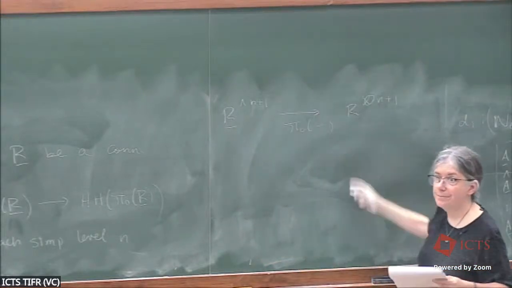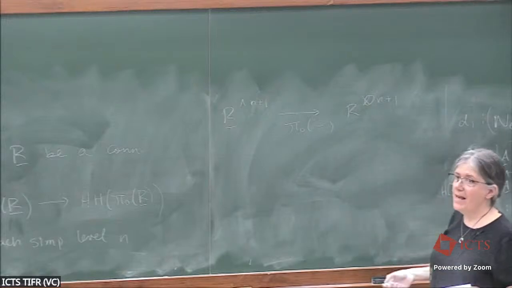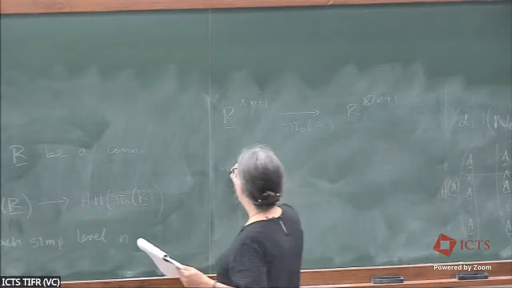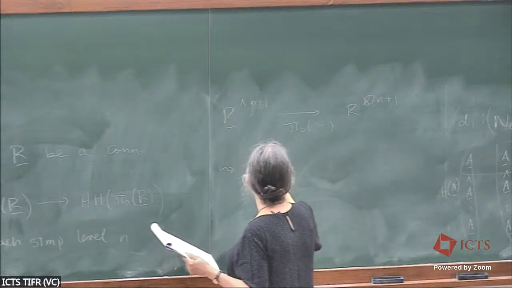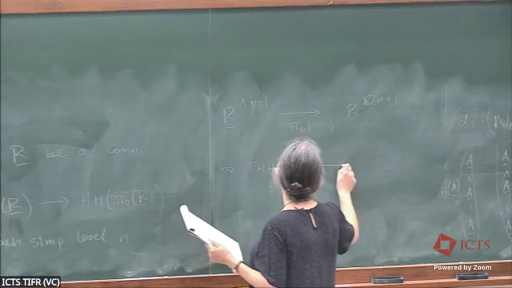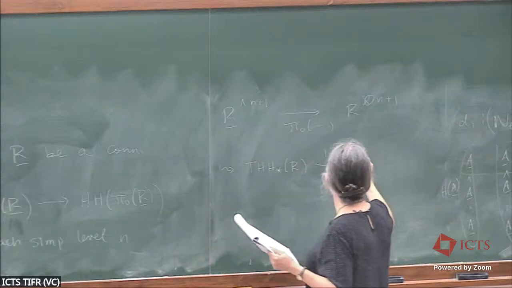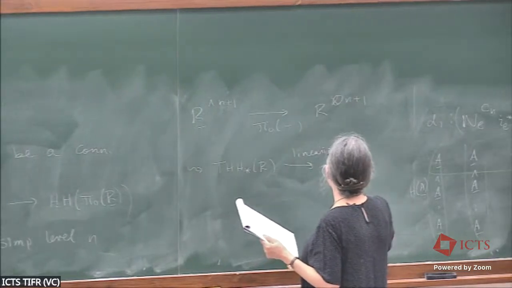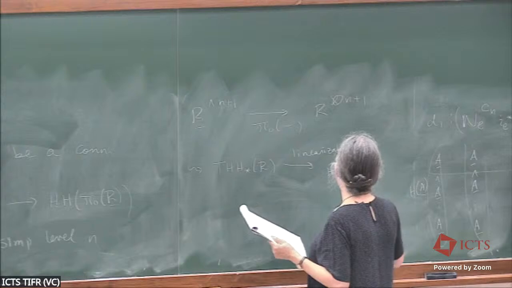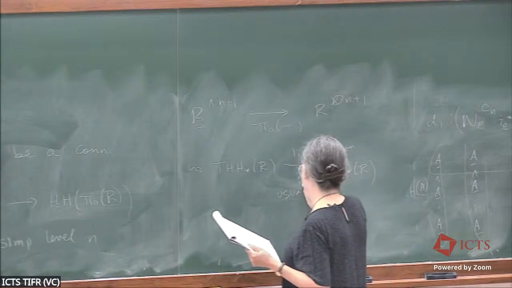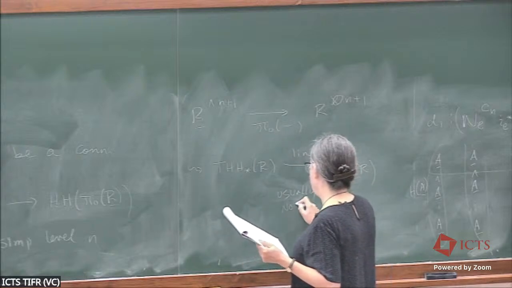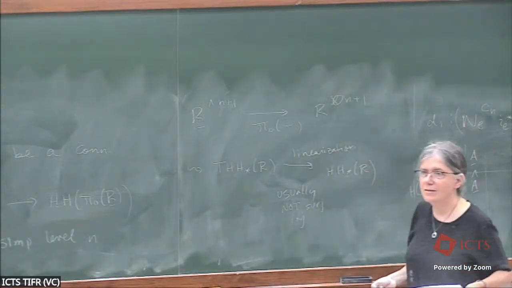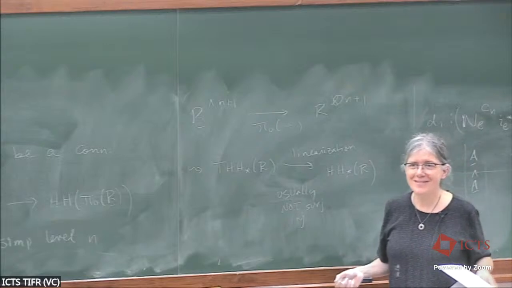This is pi 0 of that. And this behaves well with respect to the d_i and s_i. So this gives me a map from THH star of R to HH star of R. It's called linearization, and it's usually not surjective or injective, or it's not the greatest map in the world.